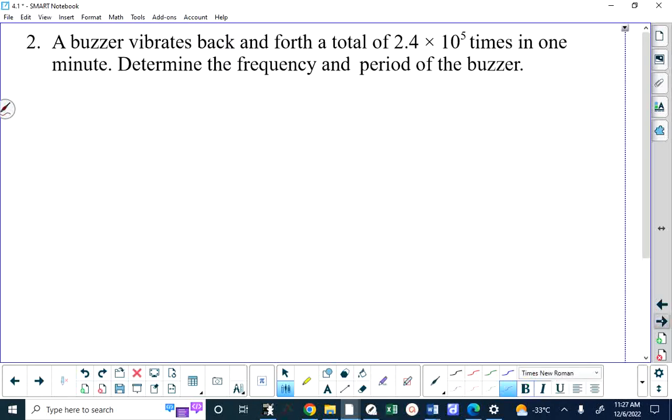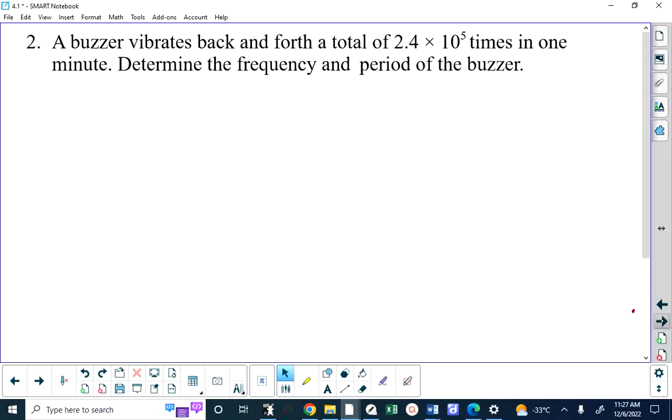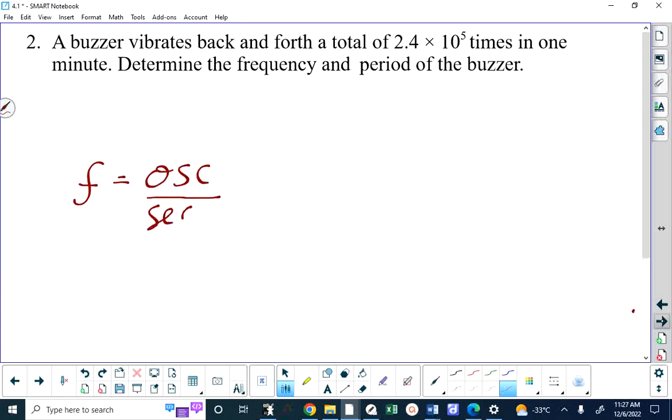All right, number 2. An electronic buzzer of some kind is making a total of 240,000 buzzes or oscillations in 1 minute. What's the frequency and the period? Well, frequency is the number of oscillations per second. You're not really using a formula here to answer this first part. You're using the definition of frequency.